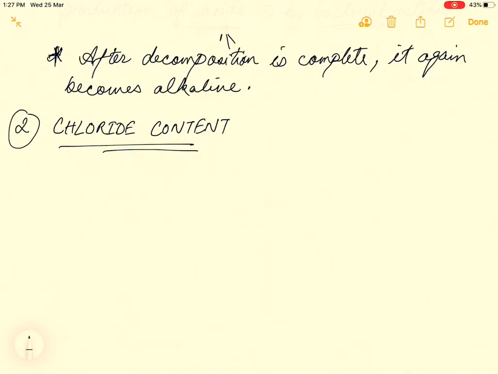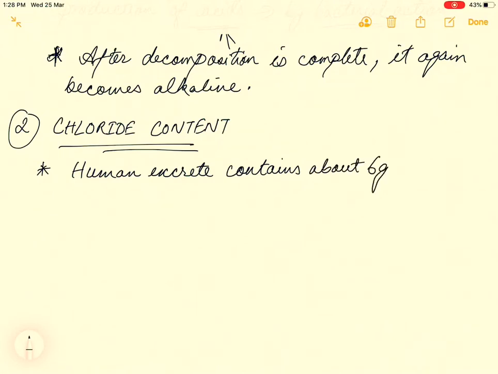Just to show you how important it is: human excreta, for example, contains about 6 grams of chloride per person per day.